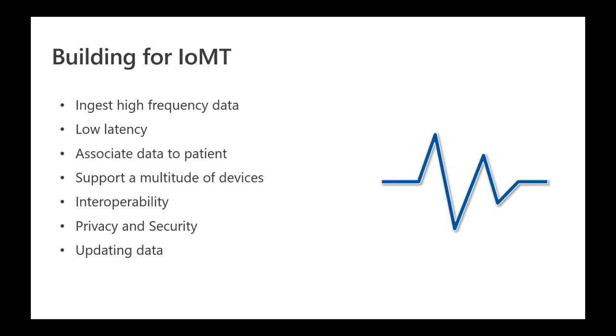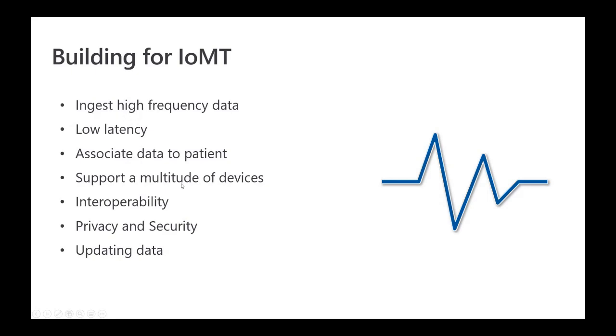Some of them may only be reading once a day, but there's also a lot that can produce data at very high rates, every second or sub-second. So if you want to be able to interact with that class of devices, you would need to account for that. You also have a desire or attention for low latency.